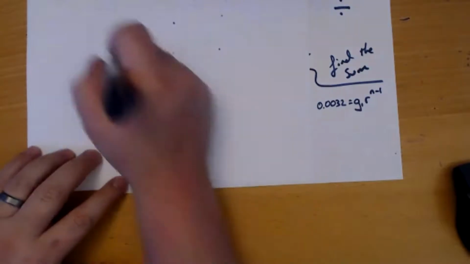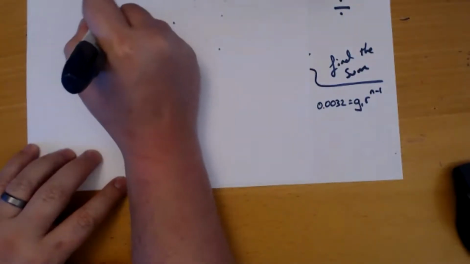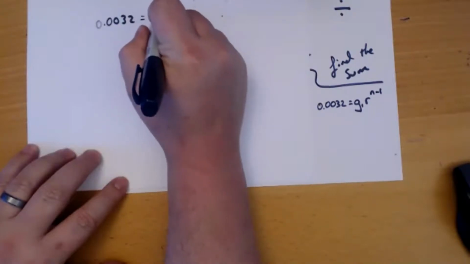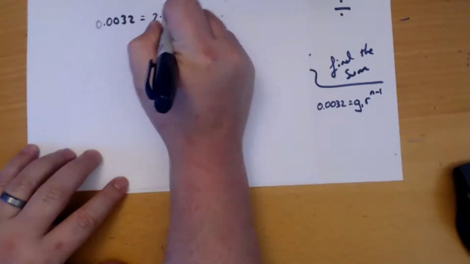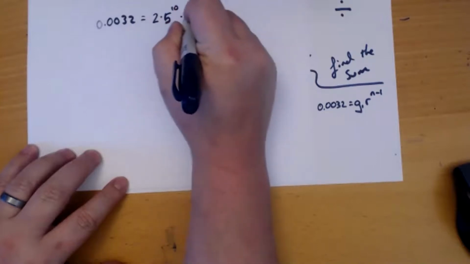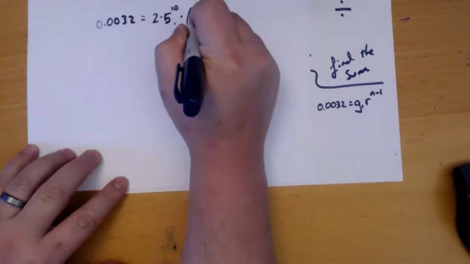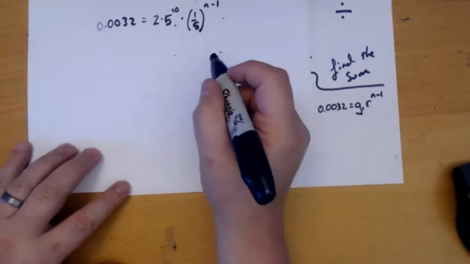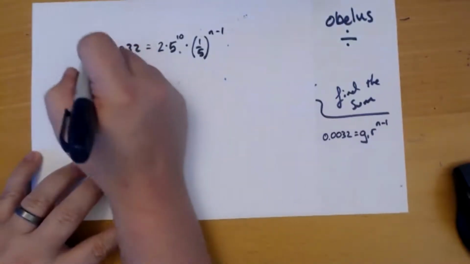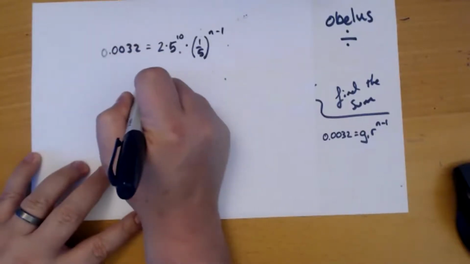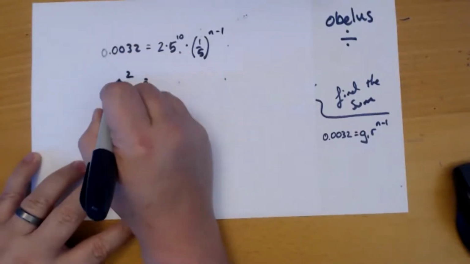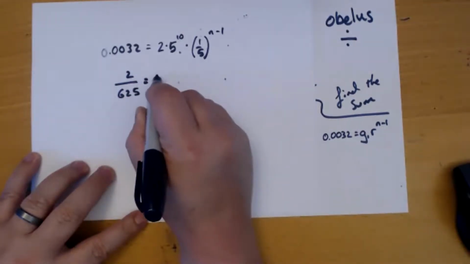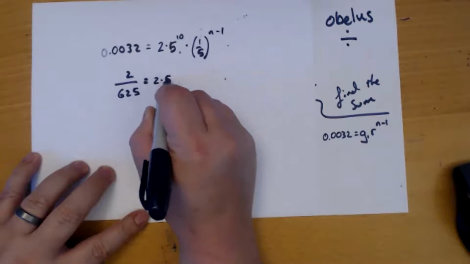So 0.0032 is equal to 2 times 5 to the 10th times 1/5 to the n minus 1. And if you're comfortable with your fractions, or if you're willing to do it, this is 2 all over 625. 2 times 5 to the 10th.